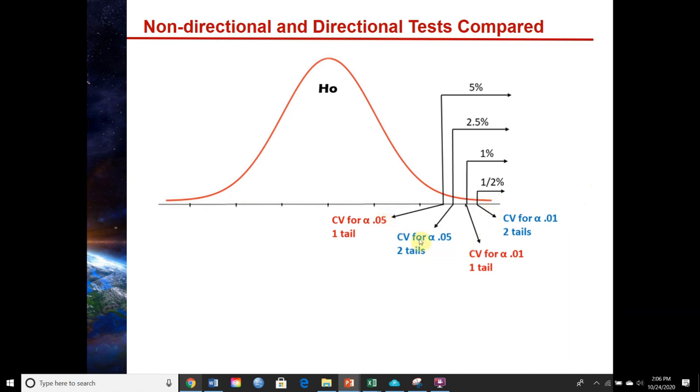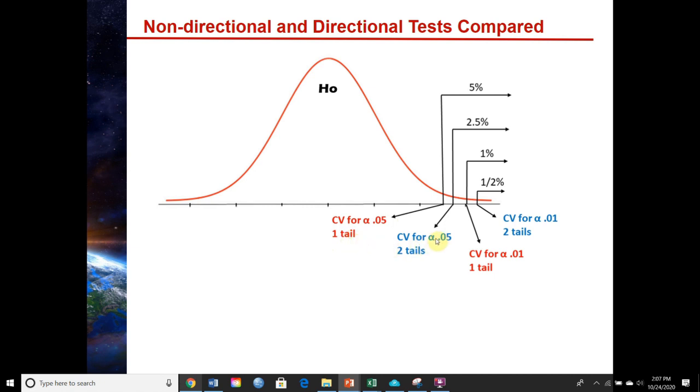Once we have these four, and we just use logic to establish the critical values, we can figure out which one would make it easiest for us to reject H0. And the easiest is if we put all 5% in one tail and do a one-tailed test. All right, what is the next easiest?